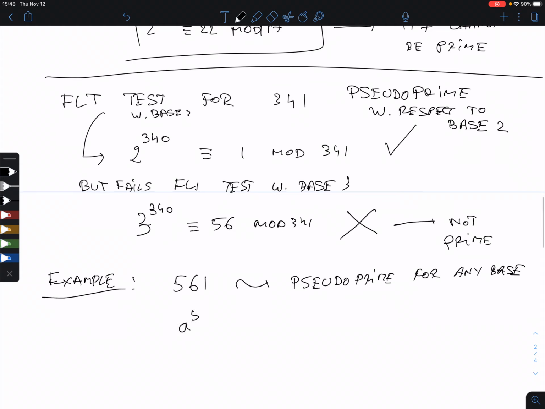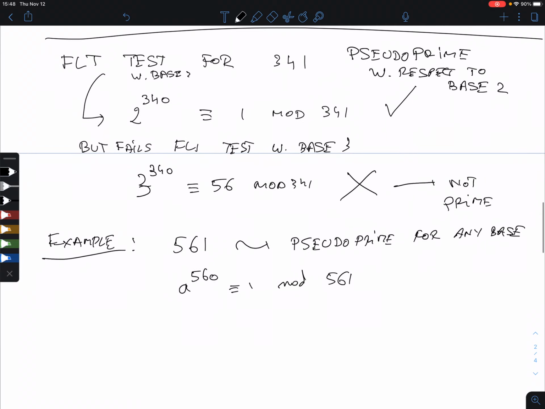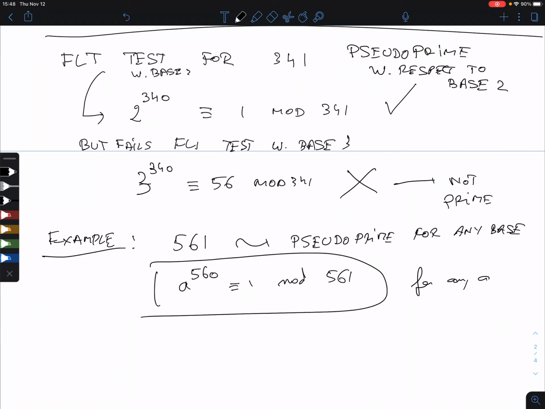That if you take a to the power 560, it's equivalent to 1 mod 561. However, 561 is 3 times 11 times 17. It actually has a very small factor. It's divisible by 3 even. So it's right away not a prime, but it satisfies this test here for any a. So that's why we call it a pseudo-prime.